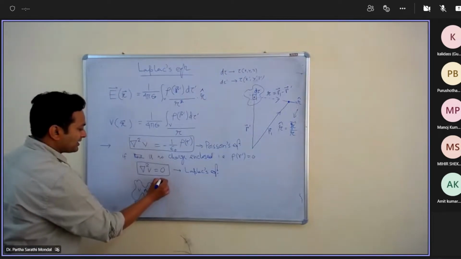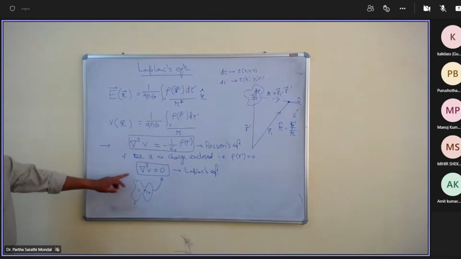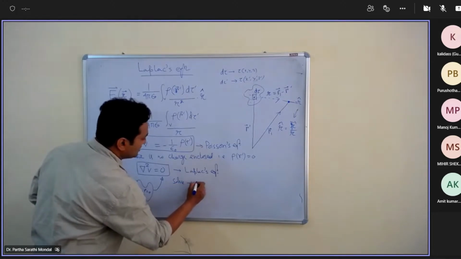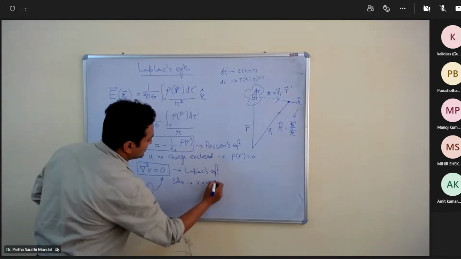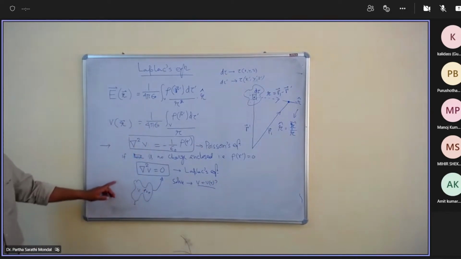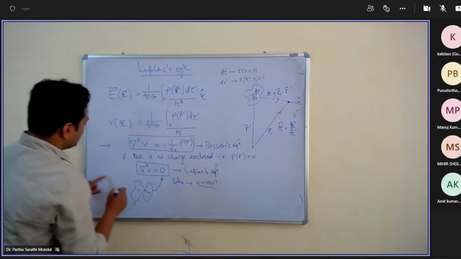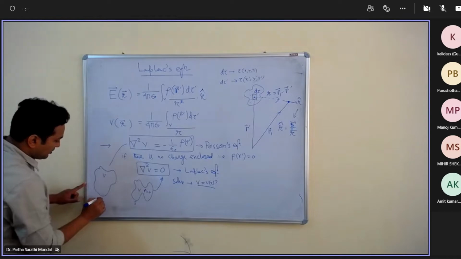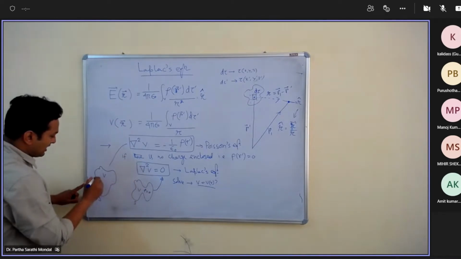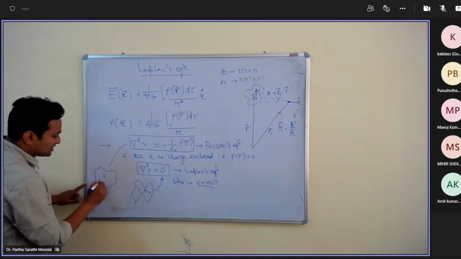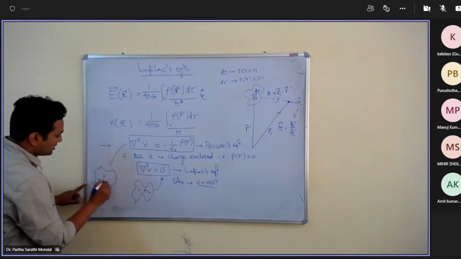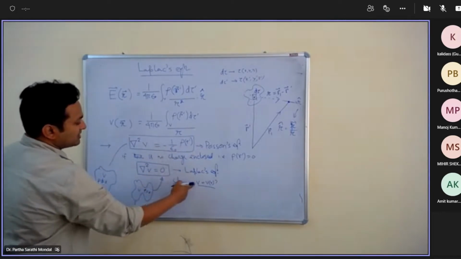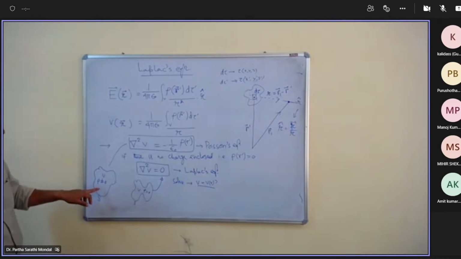Then you can apply this Laplace equation, and solving it will give you V. Now for the other situation, if we have a volume enclosed by surface S and it also encloses some charge, rho is not equal to 0, then we have to solve the Poisson equation to get V. These are two situations.